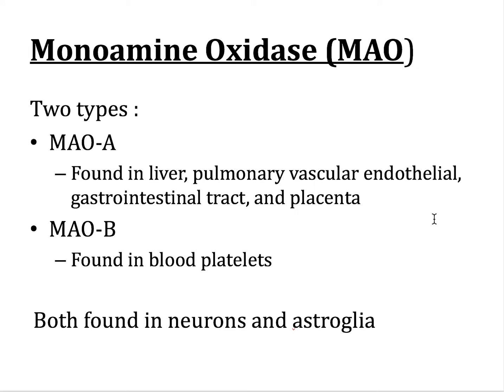MAOA is found mainly in the liver, pulmonary vascular endothelium, so in the blood vessels, the gastrointestinal tract, and the placenta. It's also found in blood platelets. There are two subtypes of monoamine oxidase, MAOA and MAOB, and they're both found in neurons and astroglia.